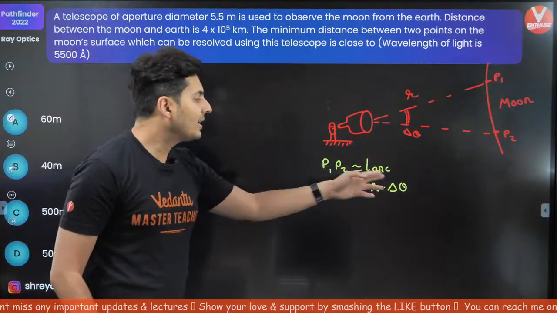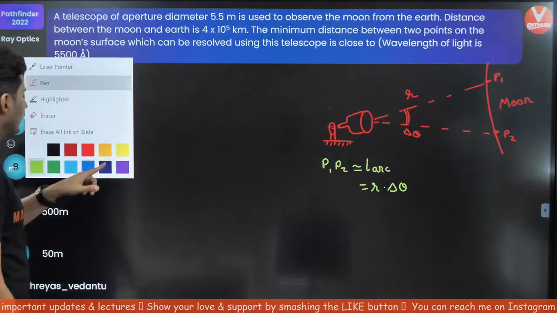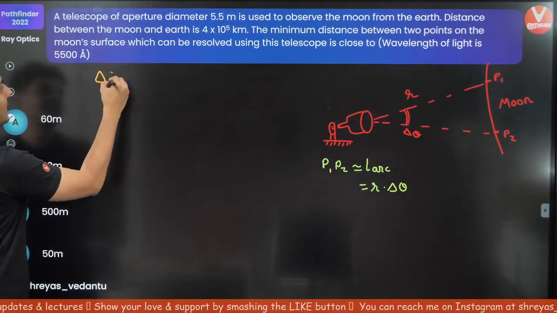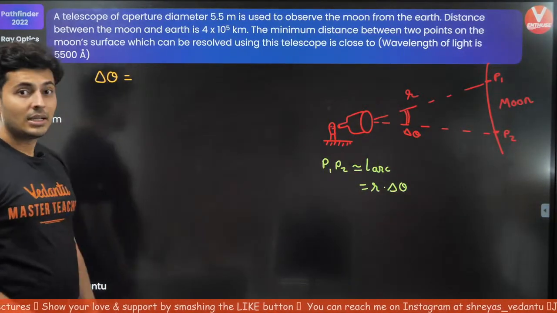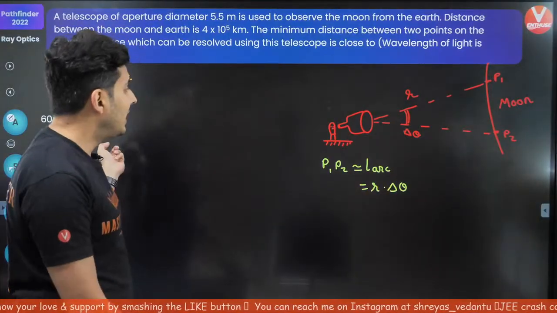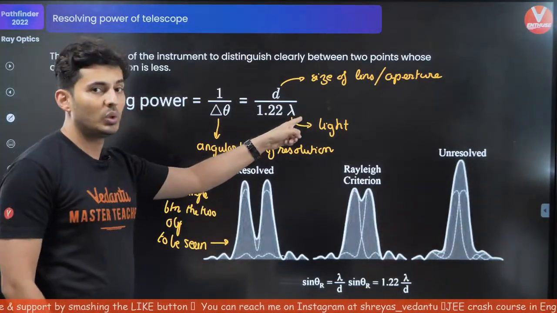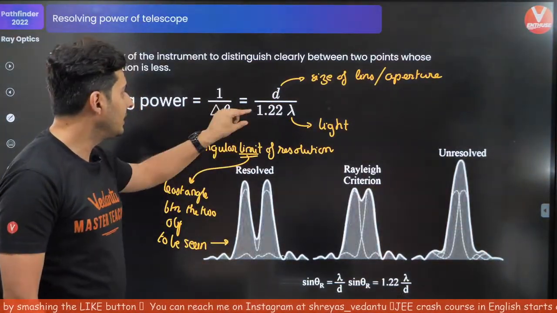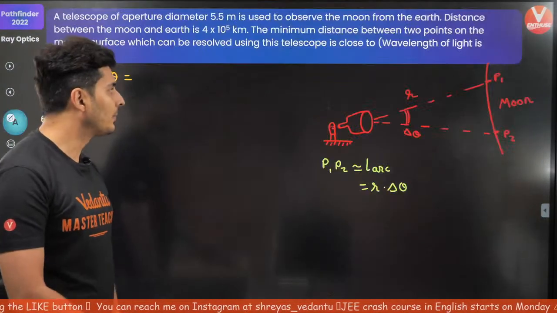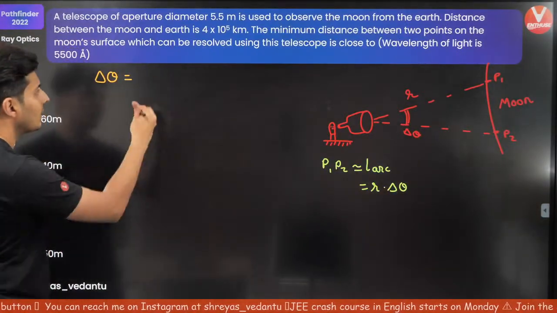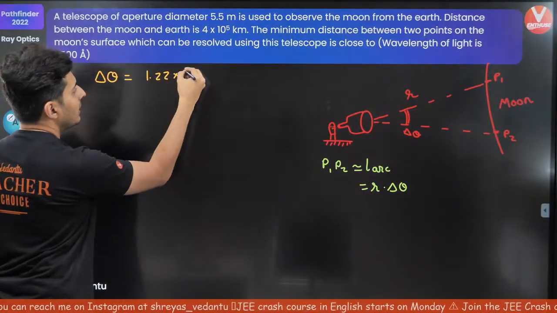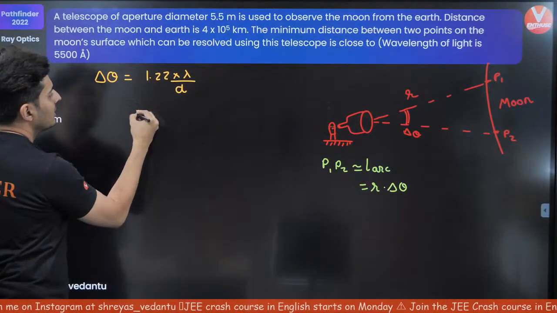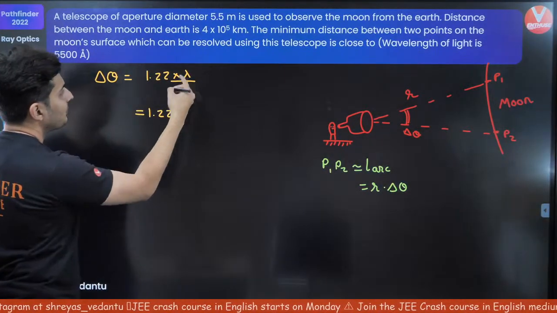Very easy now. What is delta theta? I've just given you the formula. Just go back. 1 by delta theta, I had told you, is 1.22 lambda by d. So delta theta will be 1.22 lambda by d. Just put it over here. It is 1.22 into lambda divided by d. Now start substituting the values.